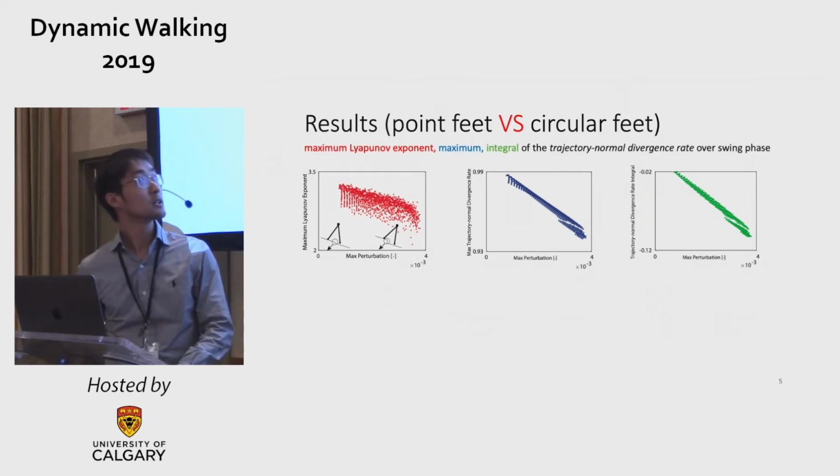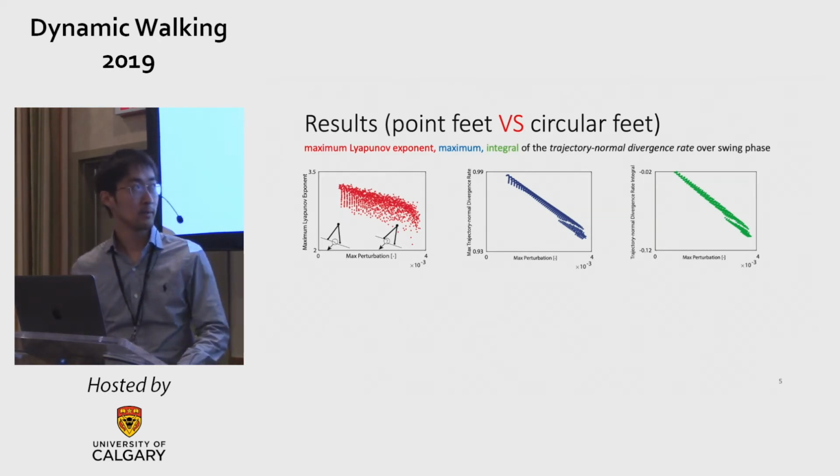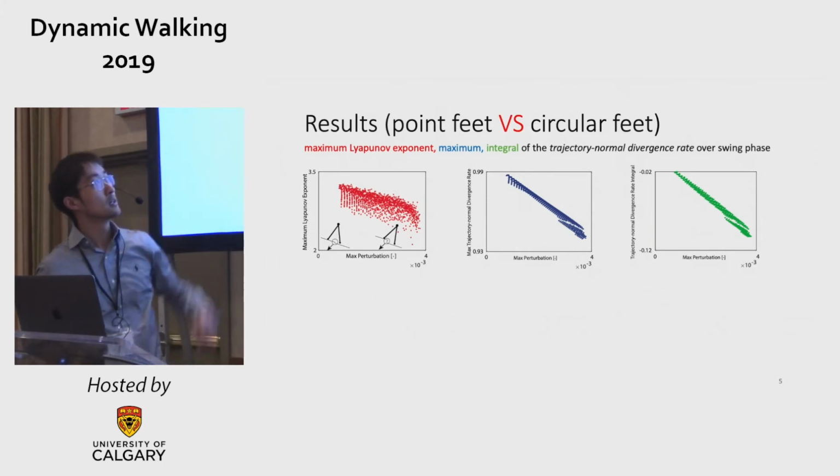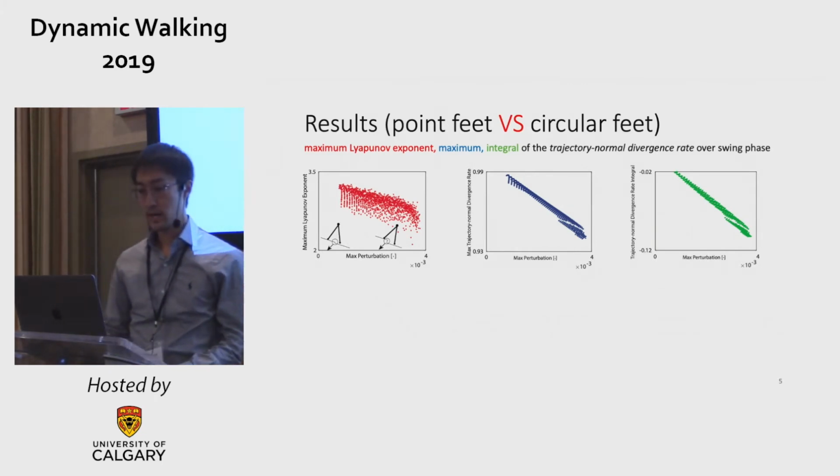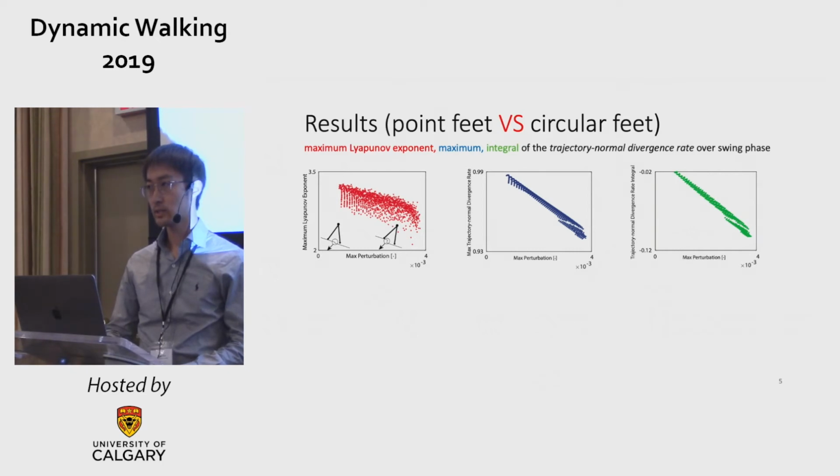We can see that compared to the commonly used maximum Lyapunov exponent, the phase-dependent stability measures are more strongly correlated with gait robustness, which means that phase-dependent stability measures are more accurate to predict gait robustness.